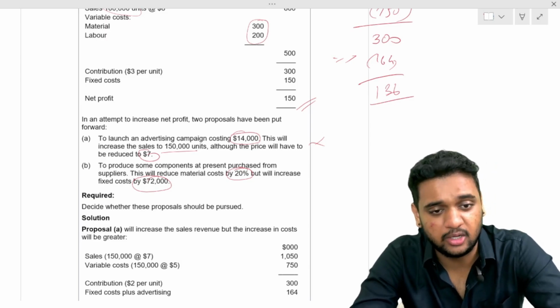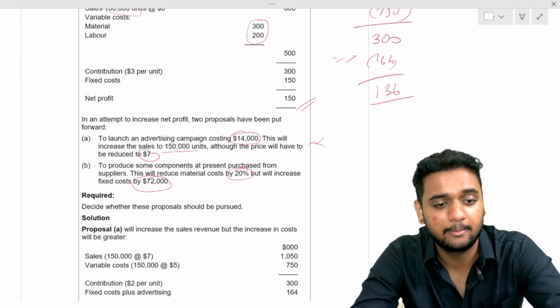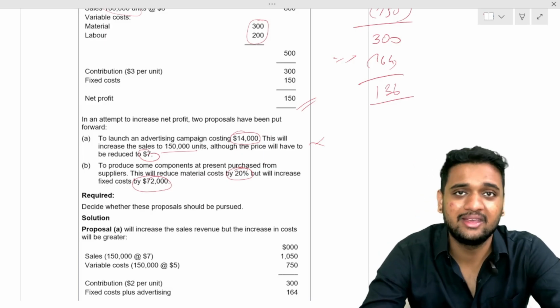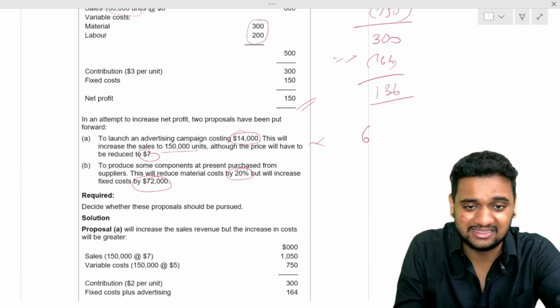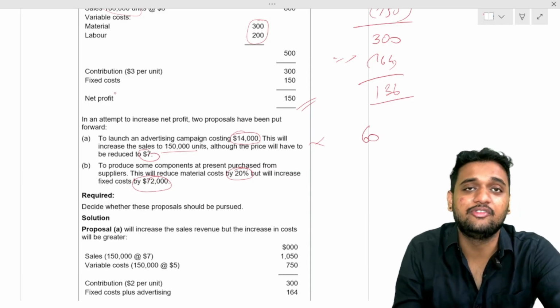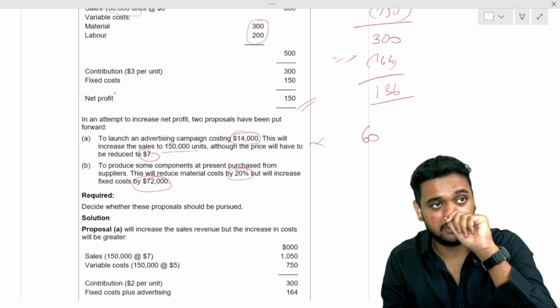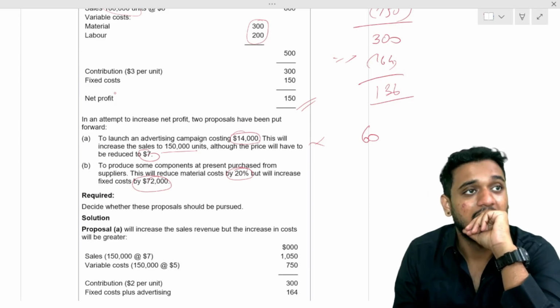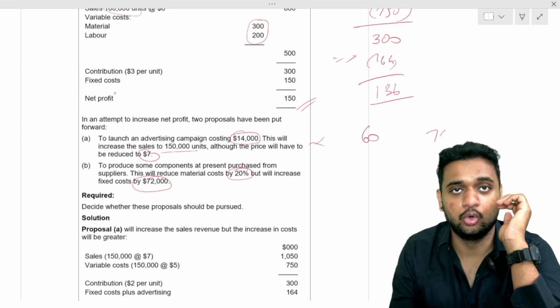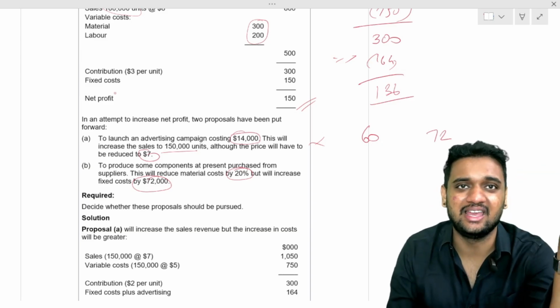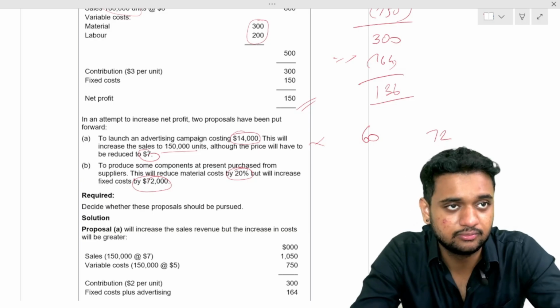If it reduces by 20%, how much is it reducing by? It is reducing by 60. For that, how much is the fixed cost increasing by? Fixed cost is increasing by 72. We are saving 60. Will we do this or not?